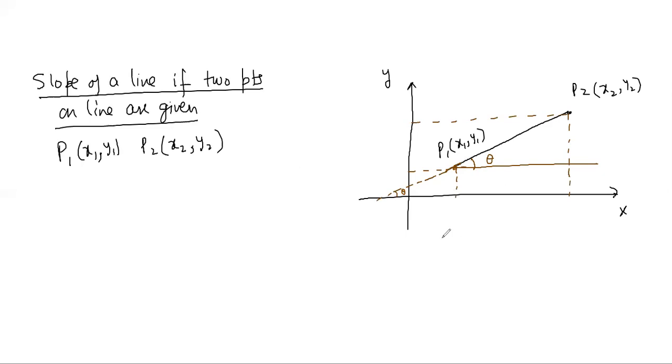So this is case 1 where theta is acute. अगर थीटा एक्यूट है तब कितना स्लोप होगा वो देखते हैं. ठीक है. So this length is x1 and this entire length is x2. So this length will be x2 minus x1.